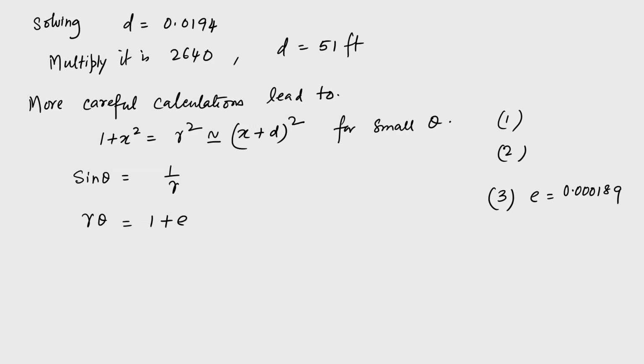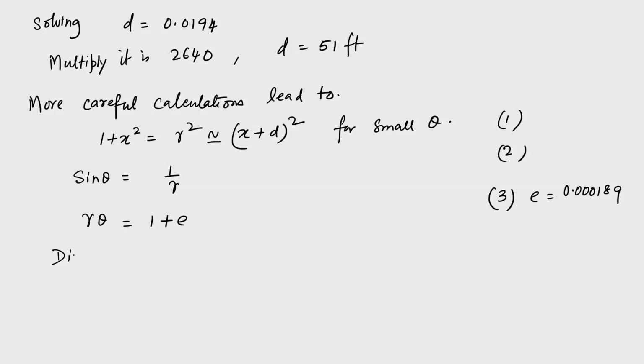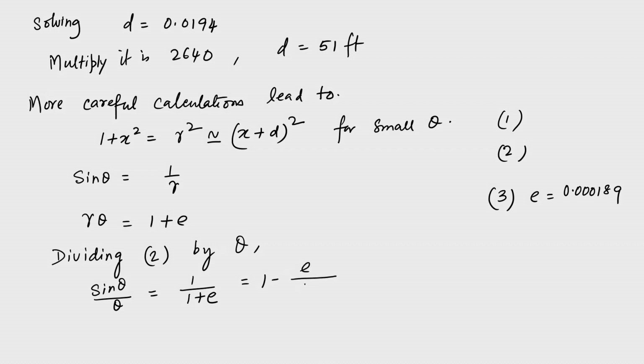So, if we divide 2 by theta, so sin theta over theta is equal to 1 by 1 plus E, which is equal to 1 minus E divided by 1 plus E. So, that is my equation, which comes from equation 2 when we divide by theta.